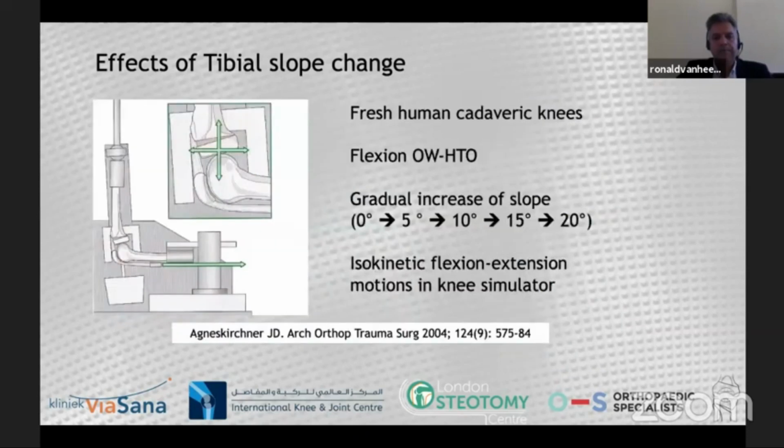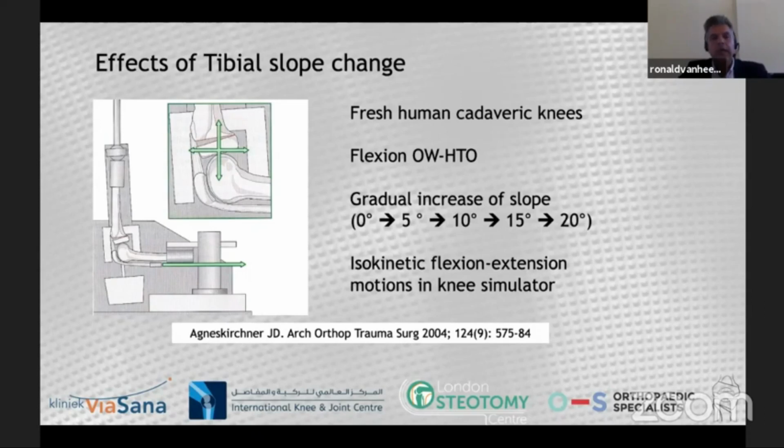So here we are. This is a very important publication by the group of Philip Lobenhoffer, then together with Jens Agneskirchner. They performed a very nice investigation, changing the slope in a mechanical device after they had cut the PCL.